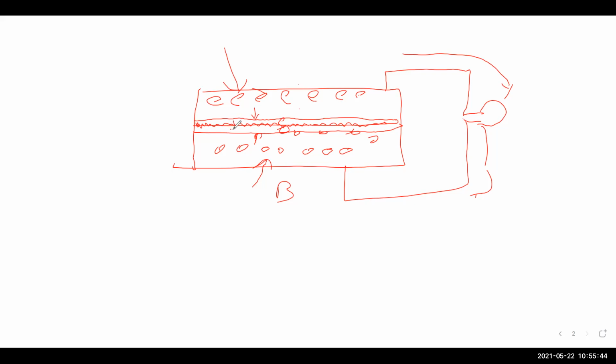The photons present in this solar radiation break into two components, that is one electron and one hole. This pair is formed at this depletion layer. Now more and more electrons are being pushed over here and holes are formed at this particular region, increasing this depletion layer.